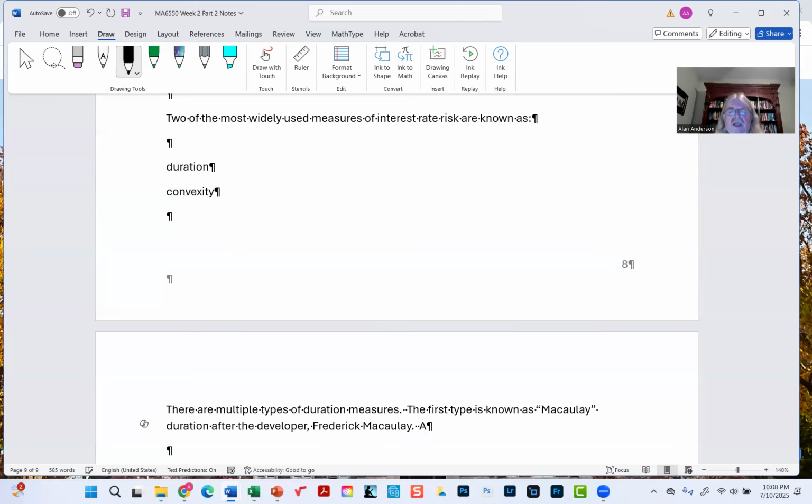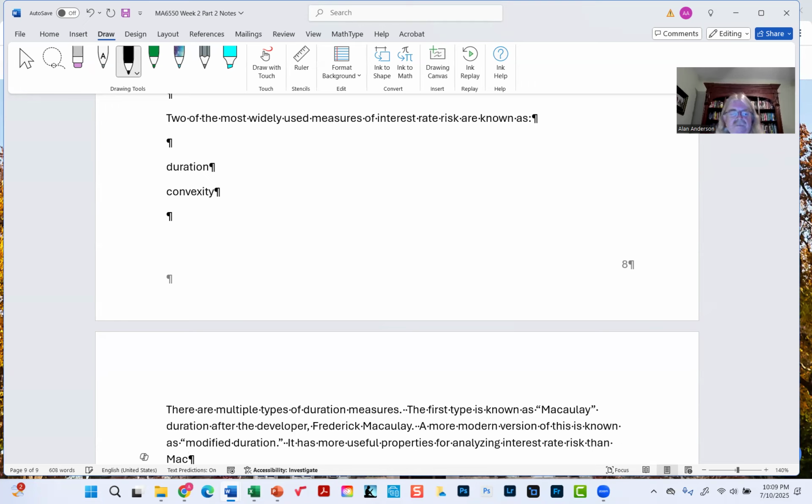A more modern version of this is known as modified duration. It has more useful properties for analyzing interest rate risk than Macaulay duration, which, by the way, Macaulay was an actuary.